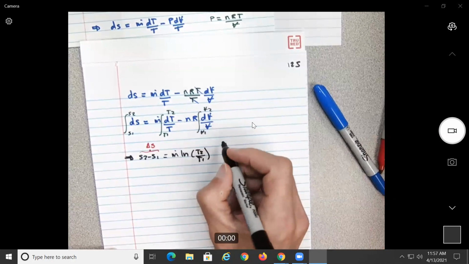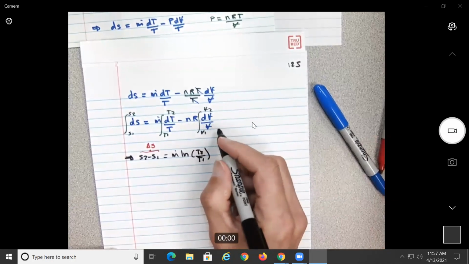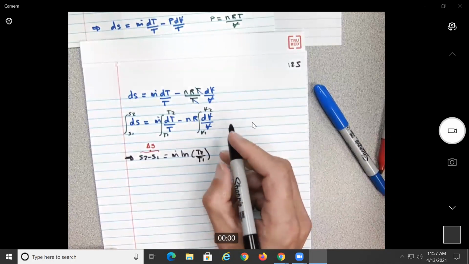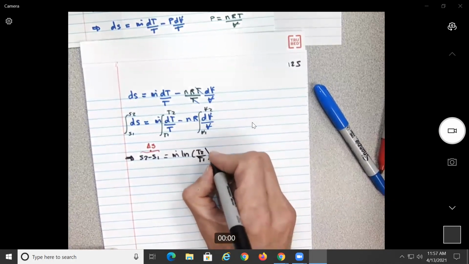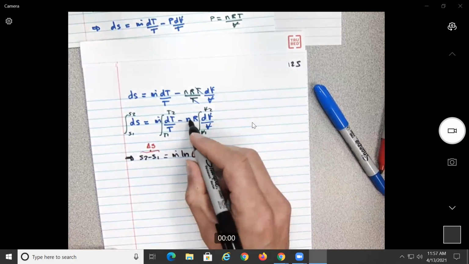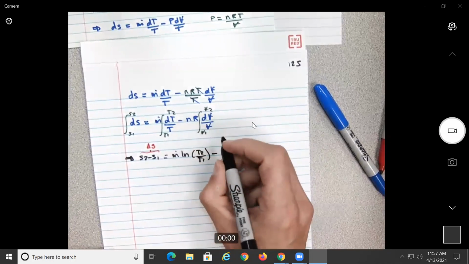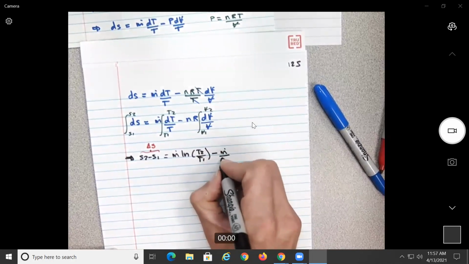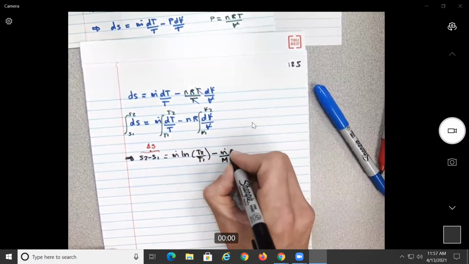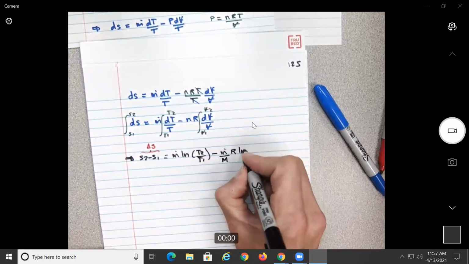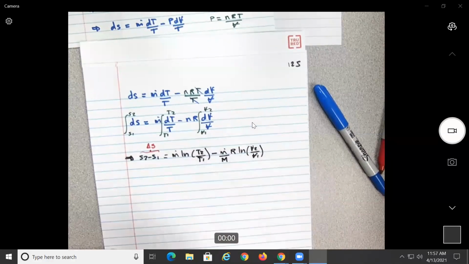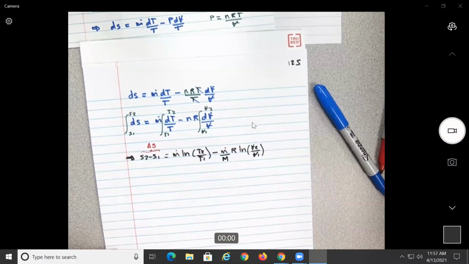And here I think we also have the mass flow for the units, because this will be mass over molar mass, minus m over molar mass R log V2 over V1.